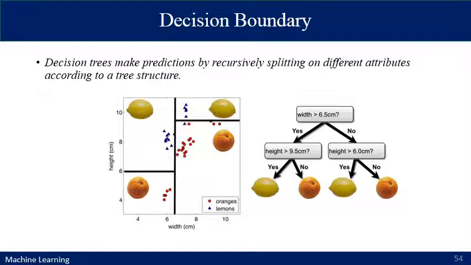So again, in the decision trees algorithm, we have the decision tree boundary. The decision trees make predictions by recursively splitting the different attributes according to the tree structure. As you have seen, we have two attributes, and we recursively divided these attributes to form a tree structure, as you can see, width and height.